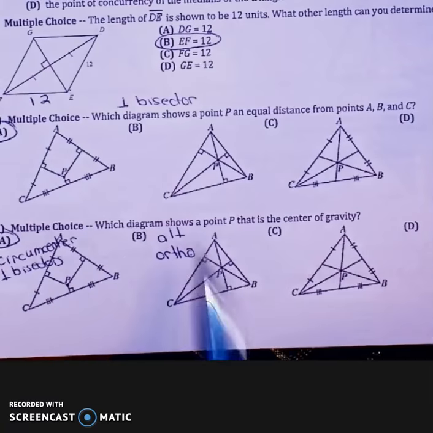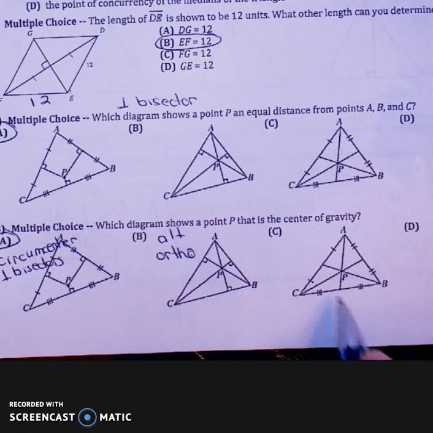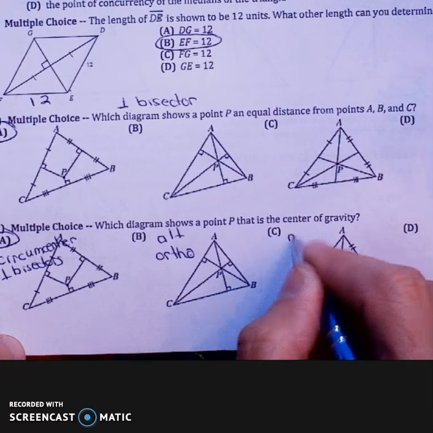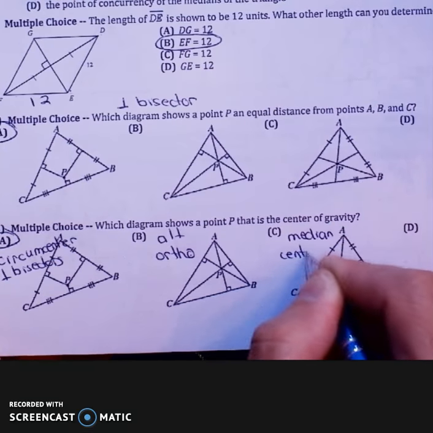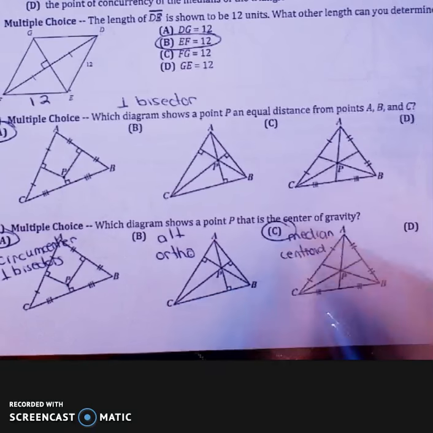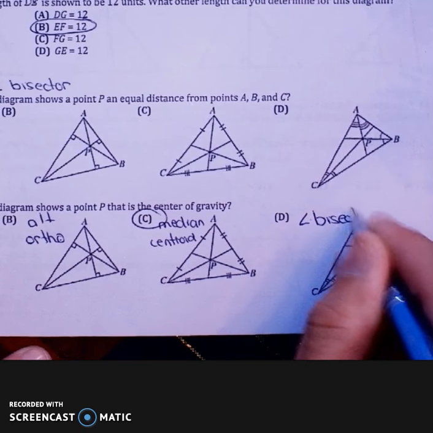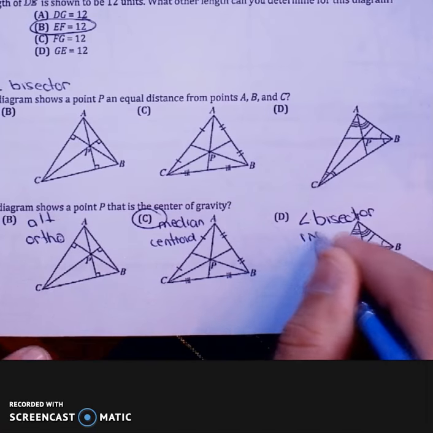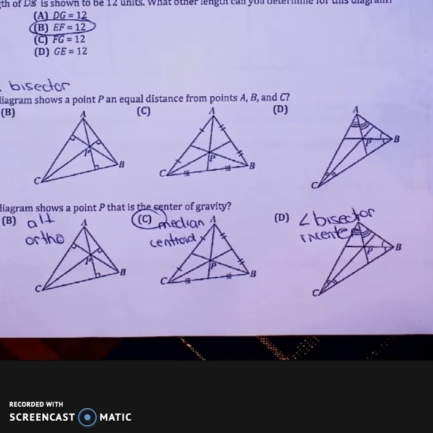Alright, now let's go take a look at number 8. This one wants to know which one is the center of gravity, and I was kind of finishing labeling all of these. If you look at C, this is the median, which is the centroid, which is known as the center of gravity. And just to finish it off, for D, this is the angle bisector, which gives you the incenter, so we know it's not that one.